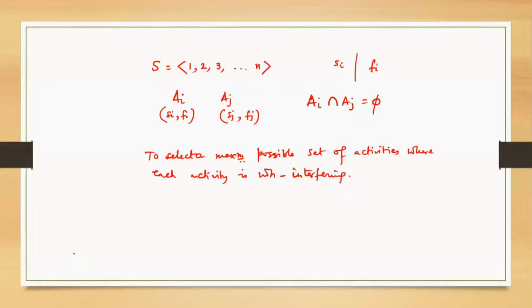Let me go back to the previous slide. So we have to select a maximum possible set of activities where each activity is non-interfering. What may be the solutions of this problem? One possible method to select the activity is to first choose the activity which has maximum start and finish time.